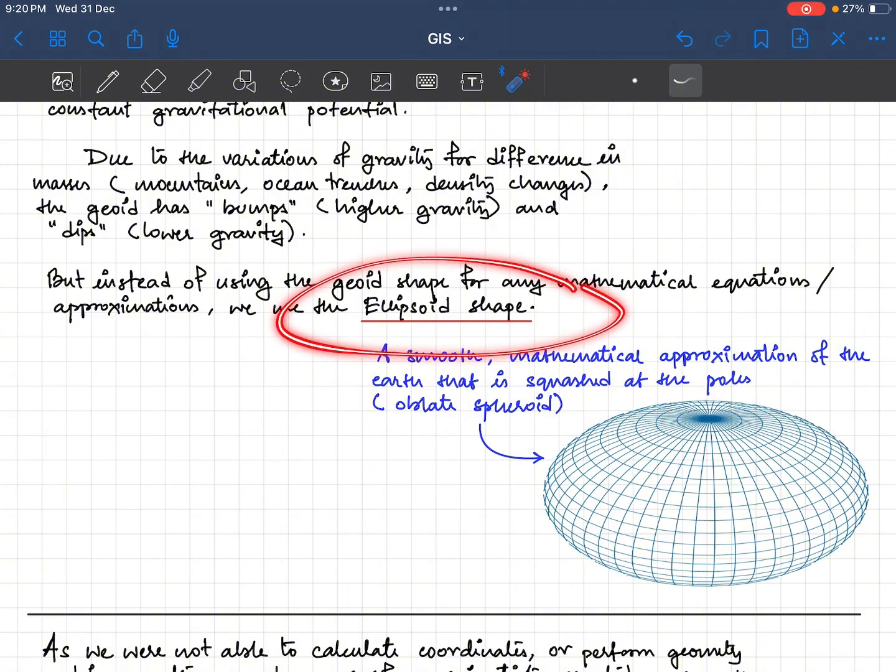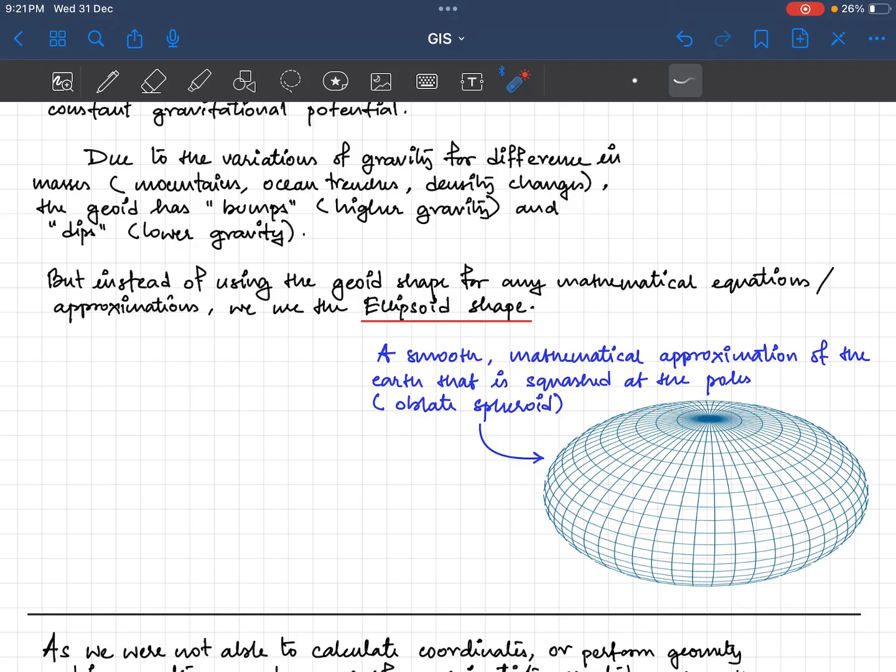Then comes this part, ellipsoid. So, why do we need an ellipsoid? Now, imagine that we have to do some mathematical calculations. For example, we need to calculate GPS coordinates, the distance between 2 points, or the area of a landmass. These things require mathematical operations, and to do them on a lumpy potato shaped geoid is very difficult.